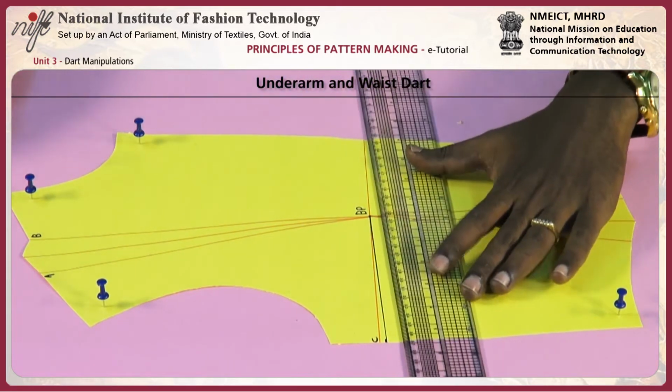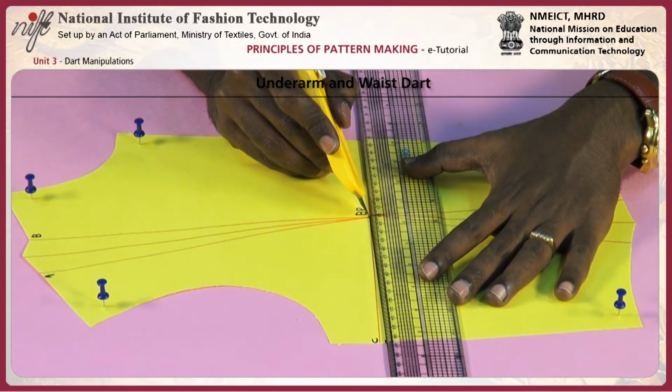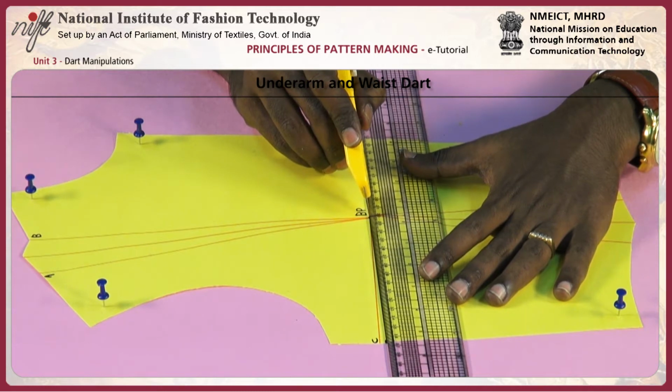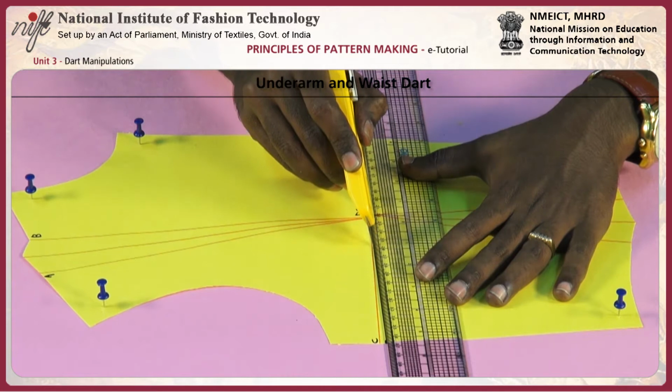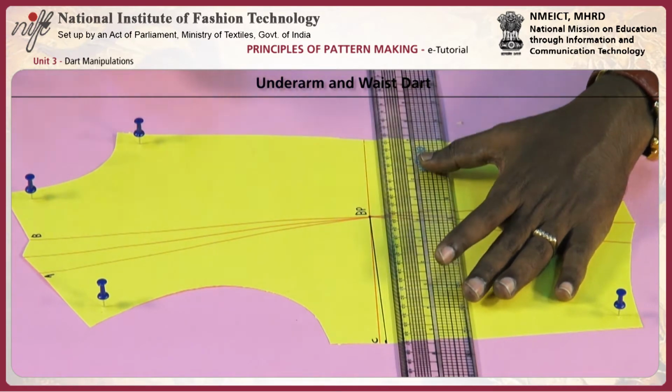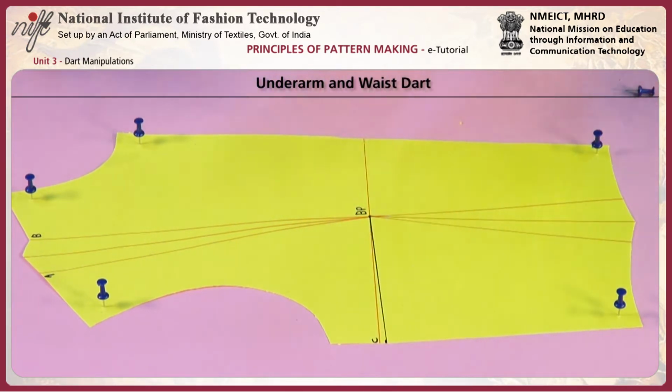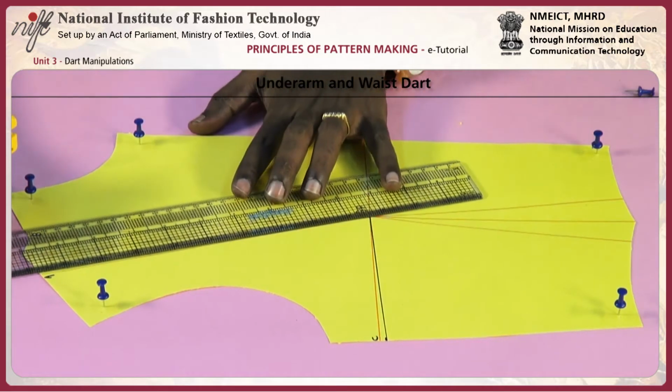Now slash a line from C to bust point. Slash A to bust point.